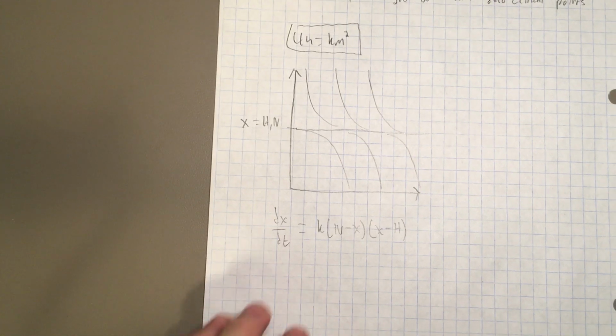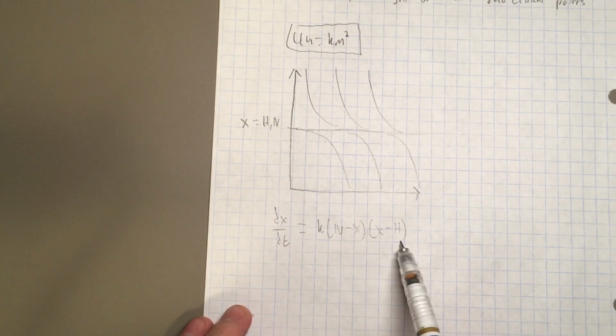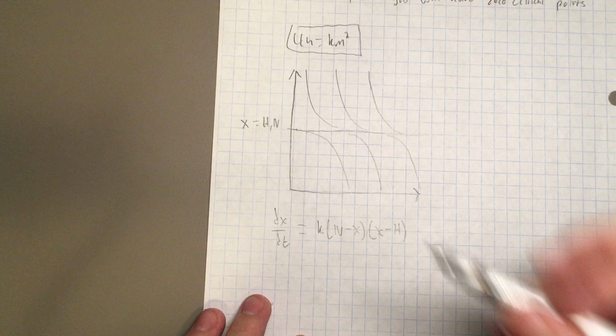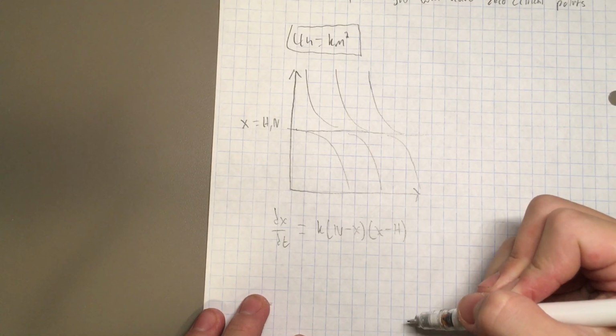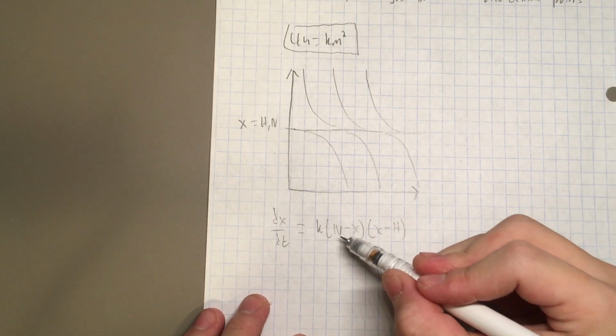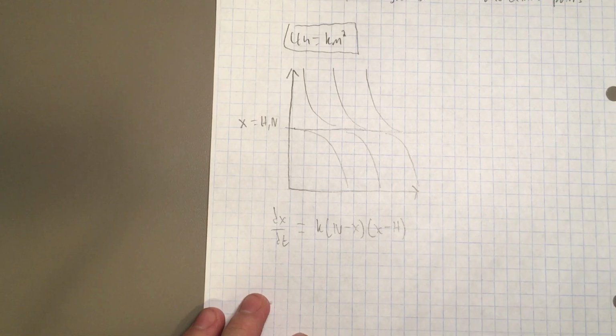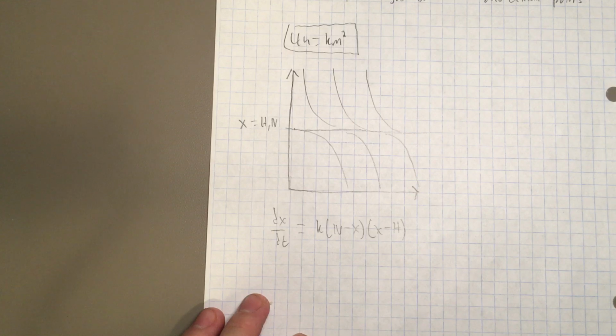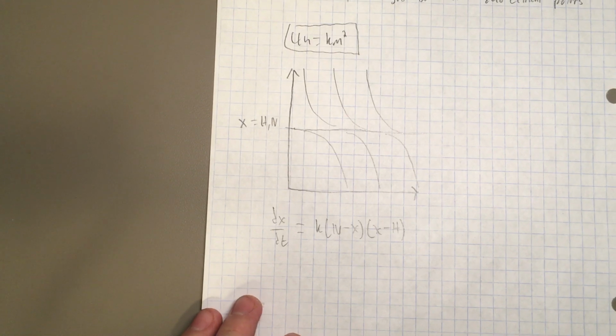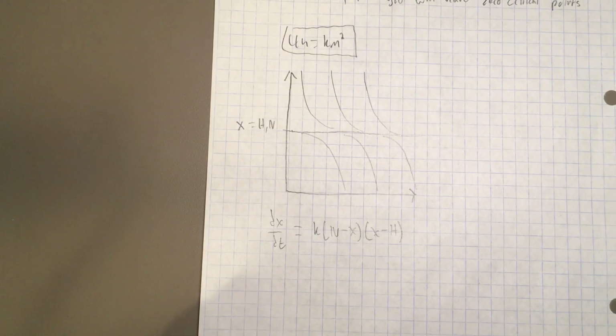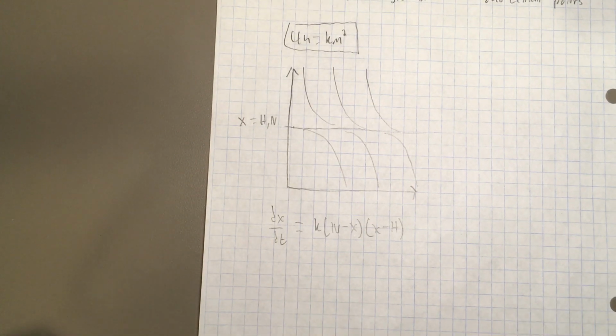And this is where it's really important to make sure that n is larger than h, because if you put, let's say you have 3 and 5, and you put the 3 here and the 5 here, that's going to make the quadratic term positive, and that's not going to be a logistic equation anymore. So just make sure to keep that in mind.